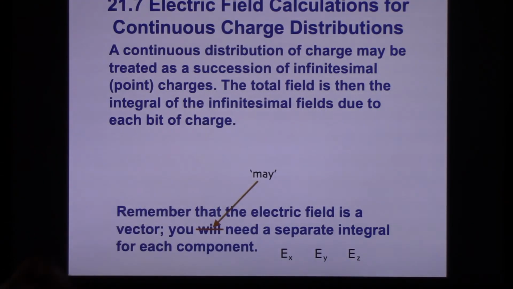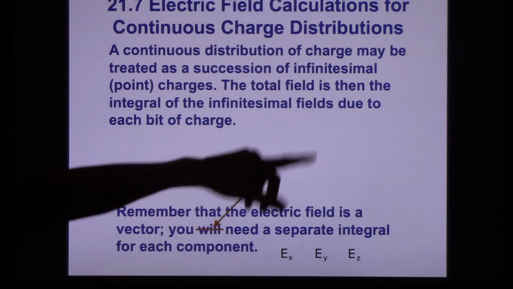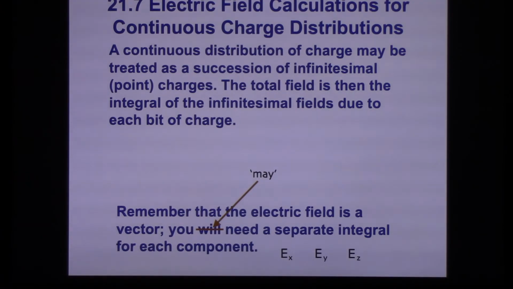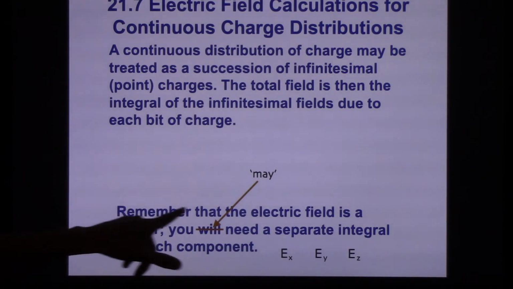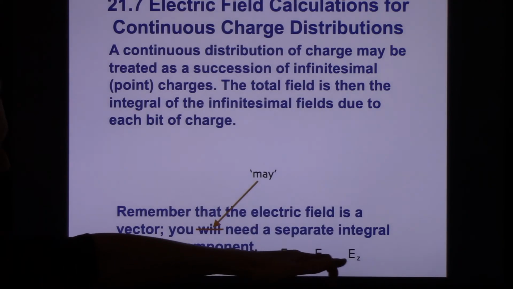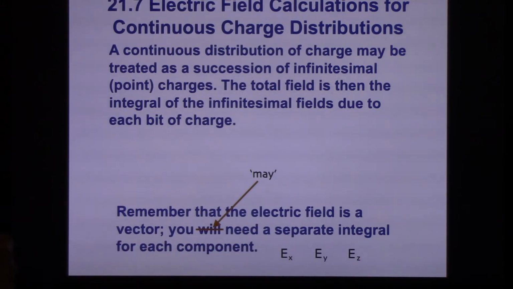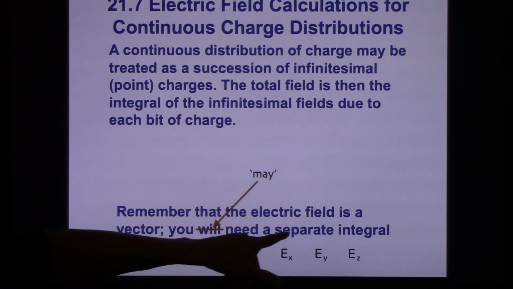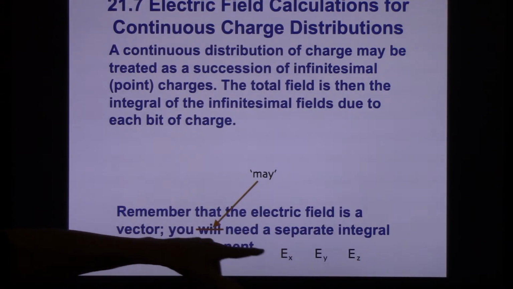So each bit of charge is dq, and each infinitesimal field is dE. Remember that the electric field is a vector. Since what I'm calculating could possibly have components x, y, and z, there's a possibility that we would have to do a separate integral for each component.